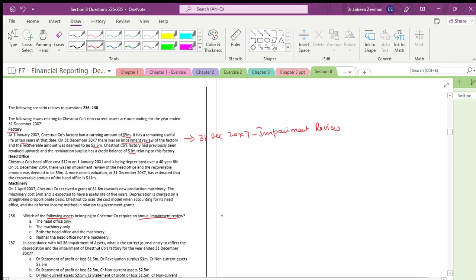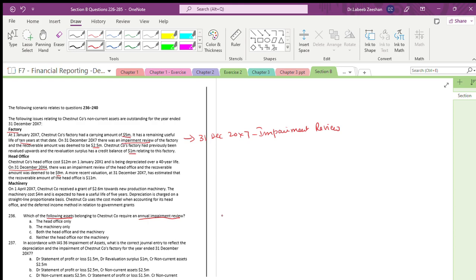Chestnut head office cost 12 million on January 1st and is depreciated over a 40-year life. On 31st December 2004, there was an impairment review of the head office, and the recoverable amount is 9.